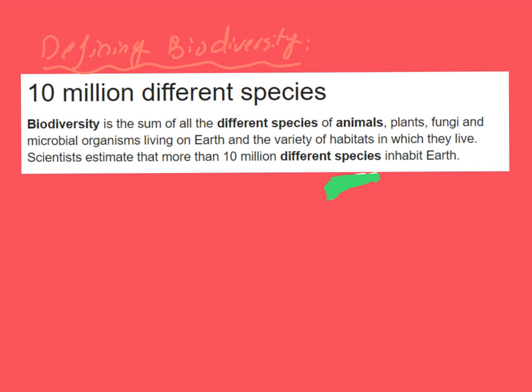What we can say here is the concept is useful, but the real definition of biodiversity should be more complex. The differences between individuals in species, between populations of the same species, between communities, and between ecosystems are all examples of biodiversity.